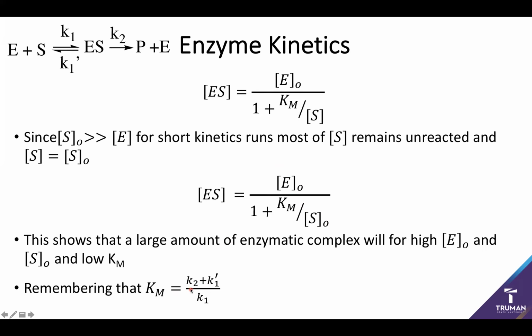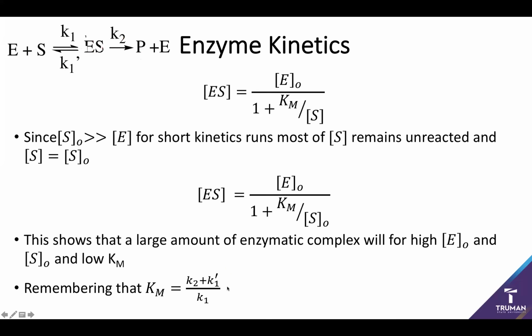It's more or less the ratio of the degradation of the enzymatic complex, either to form product or to regenerate my substrate, over the formation of the complex. So while a large K2 is going to generate a high catalytic rate, we also are building in the fact that a large K1 prime is going to essentially draw down my enzymatic complex.